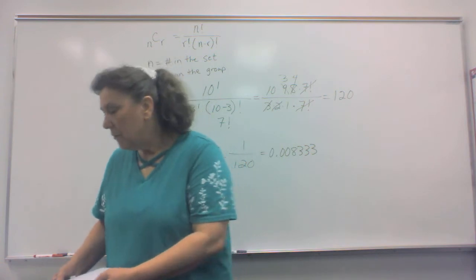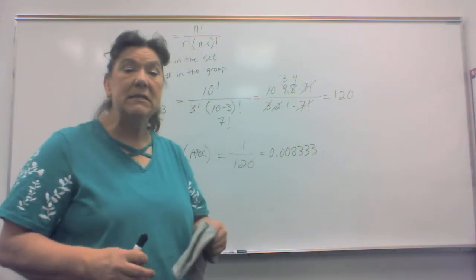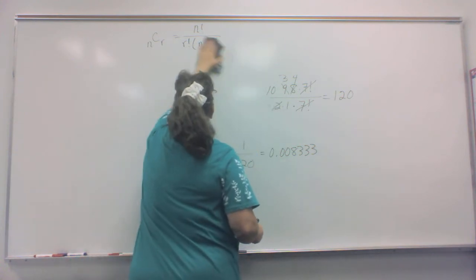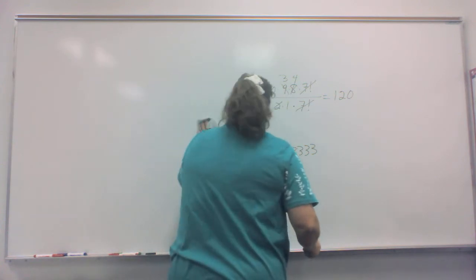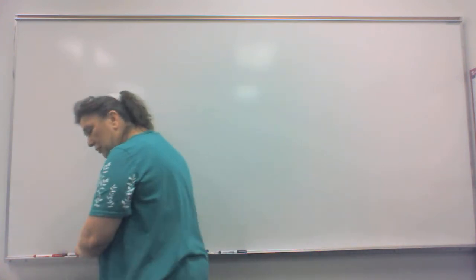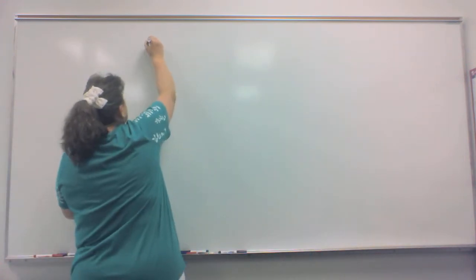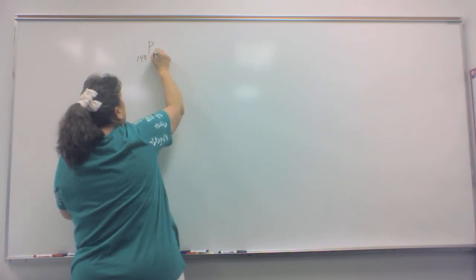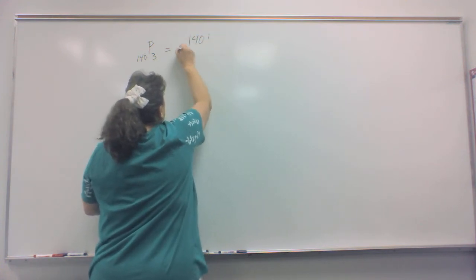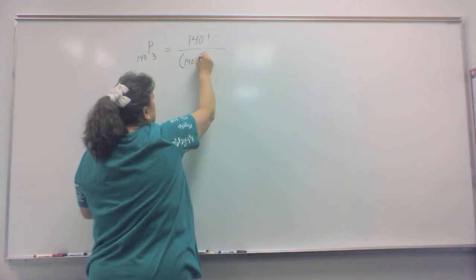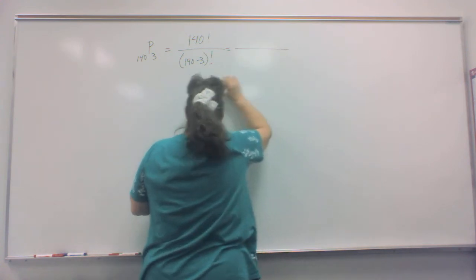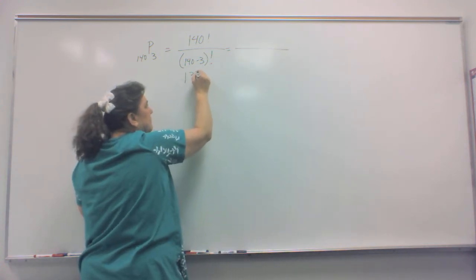So, first of all, we need to find out how many possibilities there are with 140 participants in the race. So we're going to look at permutations and 3 because there's 3 places that are being chosen. So permutations, 140 and 3 chosen. So this is equal to 140 factorial over 140 minus 3 factorial, which is equal to 137 factorial.